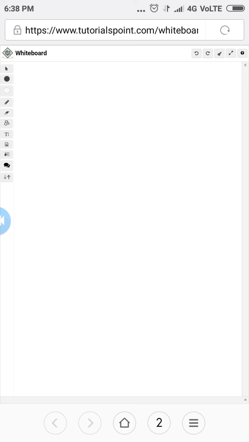Elevation in boiling point. But first we discuss the boiling point of a liquid. The boiling point of a liquid is the temperature at which the vapor pressure of the liquid becomes equal to the atmospheric pressure.